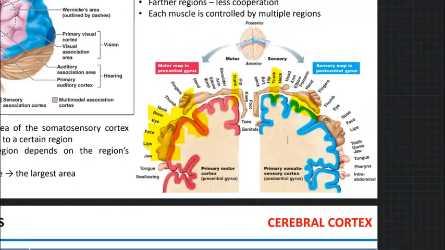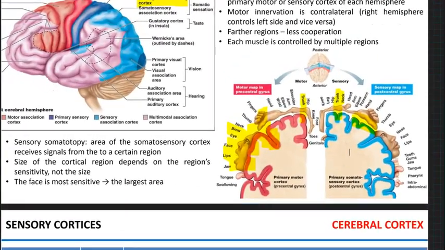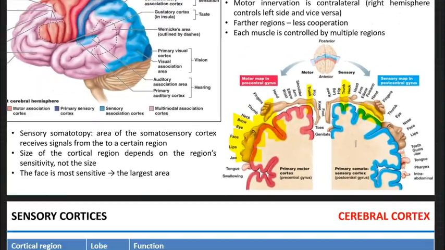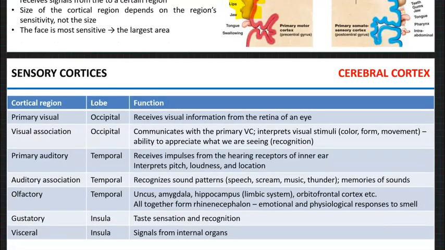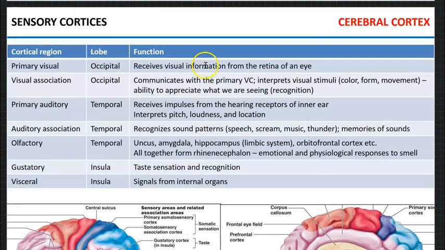Okay? So it's all about the number of receptors, not the body size. So far we covered touch and all associated. What about other senses? So visual cortices. Visual cortices are located in the occipital lobe of the brain and, just like somatosensory, are divided into primary and association cortices.